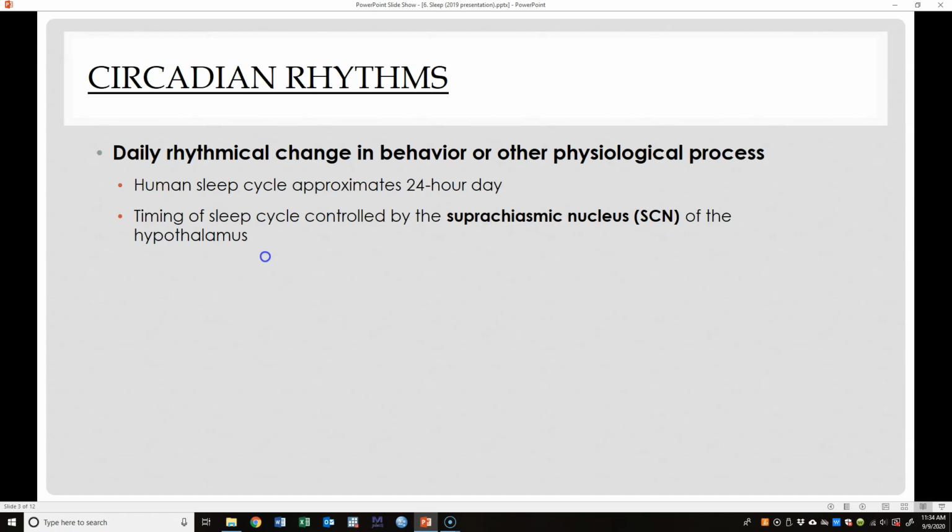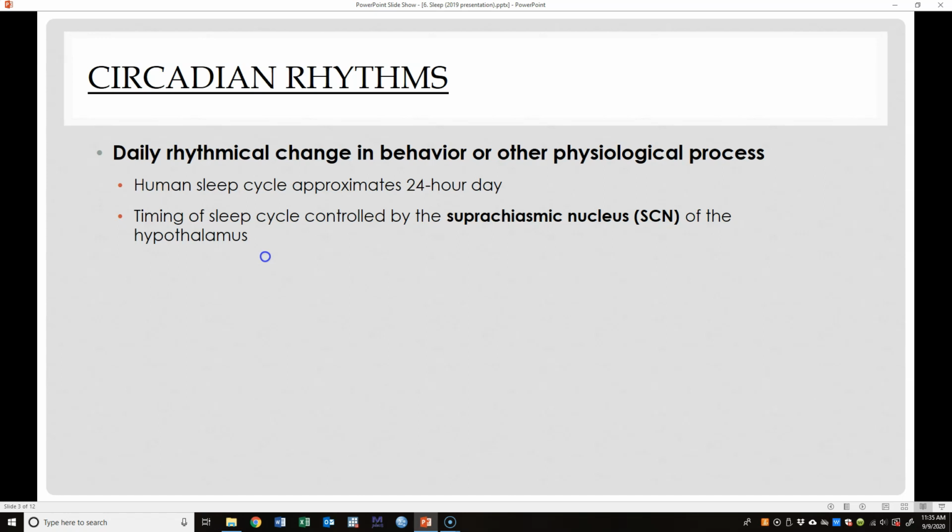So sleep is one of the most prominent circadian rhythms for humans. The human sleep-wake cycle is about a 24-hour cycle. It's not exact. A lot of this, as we'll talk about in a moment, depends on external stimuli to reset this clock, but it's roughly a 24-hour day.